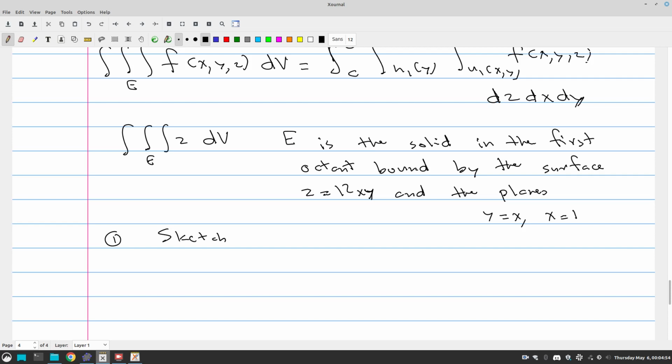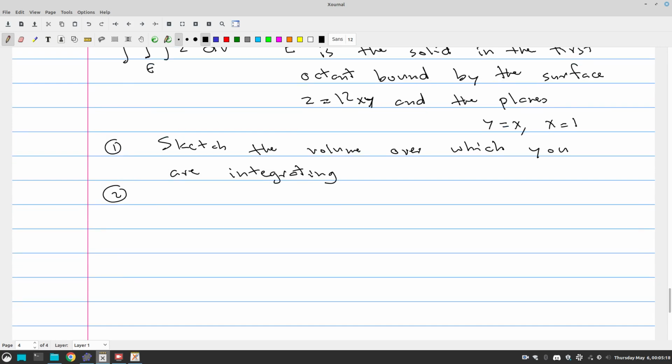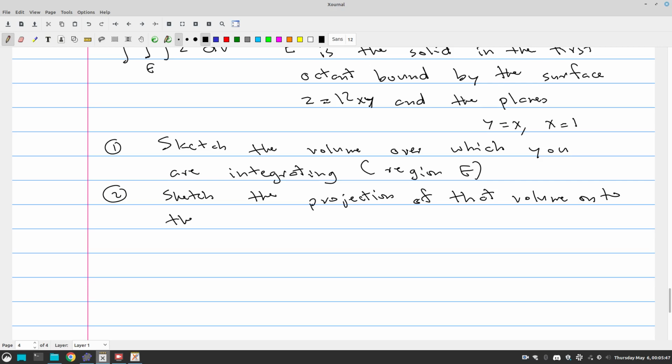Sketch the volume over which you are integrating, and this is the region E. And the second thing you need to do is sketch the projection of that volume onto the xy plane.